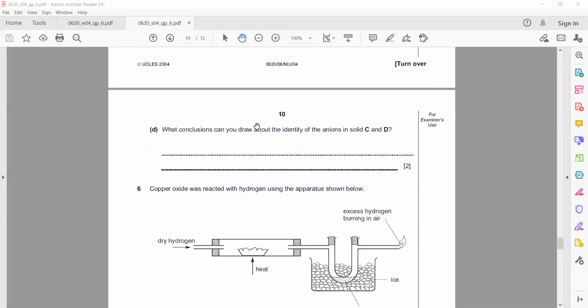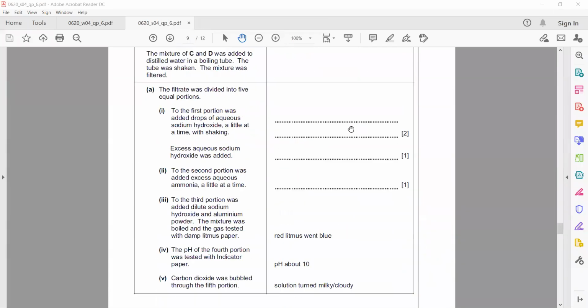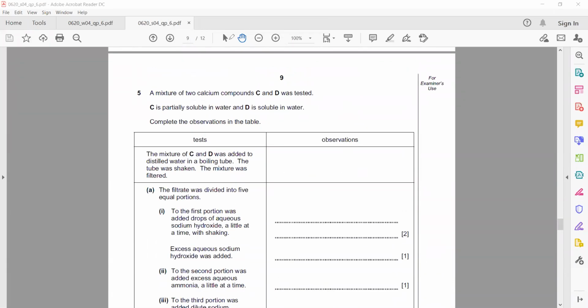Then what conclusion can you draw about the identity of the anions? Anion means the negative ion. What anion is present in C and what anion is present in D? D is soluble, and we know all nitrates are soluble, so D is nitrate. C is partially soluble, and because it is a basic solution, it is hydroxide.